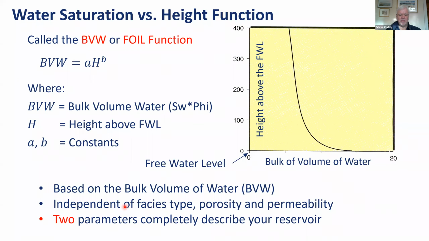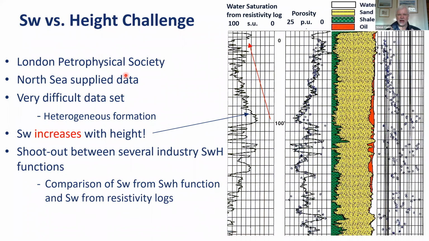And this function is independent of facies type, porosity, and permeability, as I'll explain. So 2 parameters, A and B, completely describe your reservoir. I'll go into that in a little bit more detail. So let me show you the first case study of where we apply this to understand where we're going.